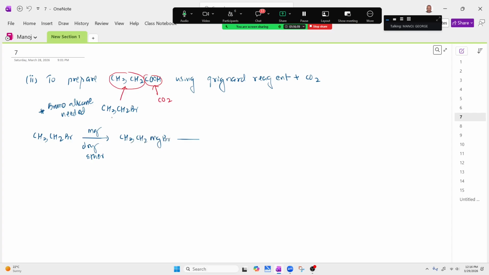We're just making a reaction sequence, a schematic sequence. Then what do I do? I have to react this with CO2 followed by H2O/H plus. I'm doing acidic hydrolysis of whatever reaction intermediate is formed.